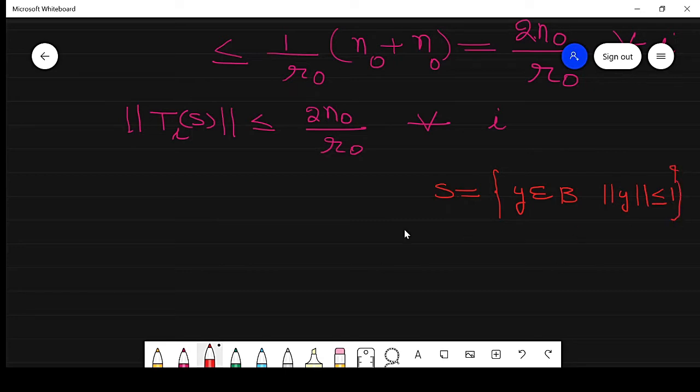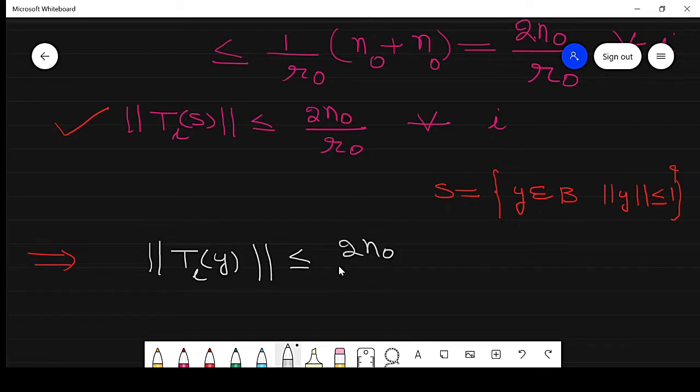This is an element of S. From this we can write norm of Ti y less than or equal to 2N0 by r0 for every i, and norm of this vector is less than or equal to 1.